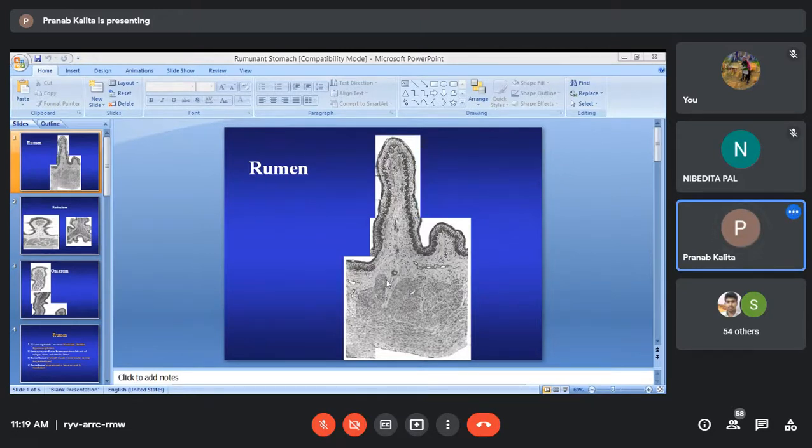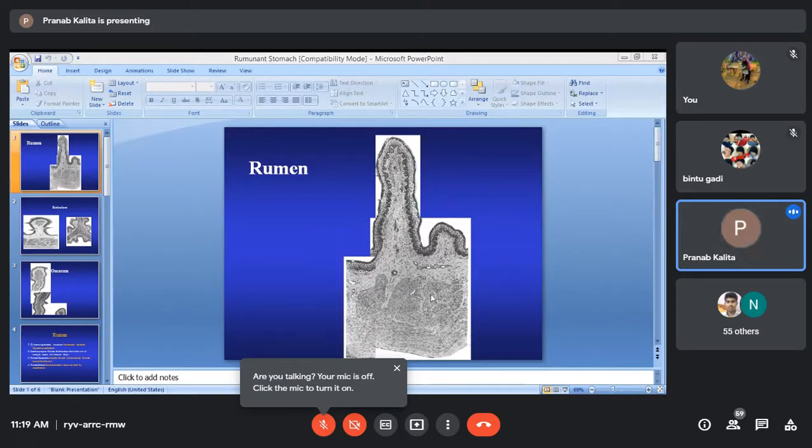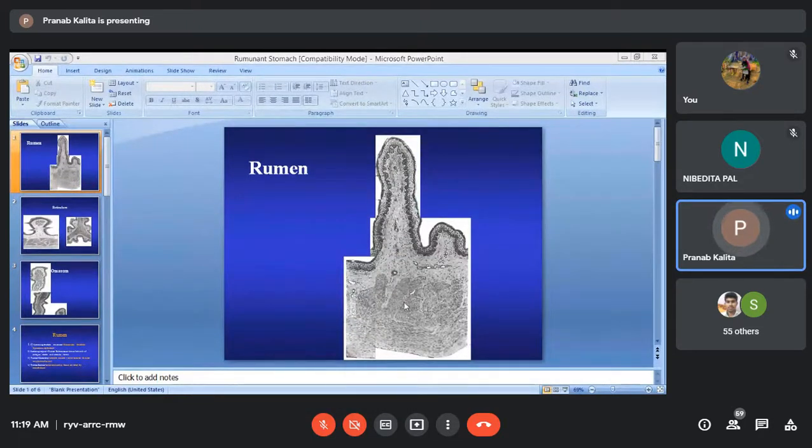Then this layer is called the tunica muscularis. Here you will find two entirely smooth muscle layers, inner circular and outer longitudinal, in the tunica muscularis. And the last layer is the peritoneal covering, mesothelium, that is the tunica serosa. So that is the histology of the rumen.